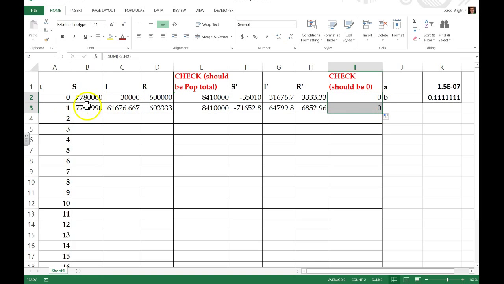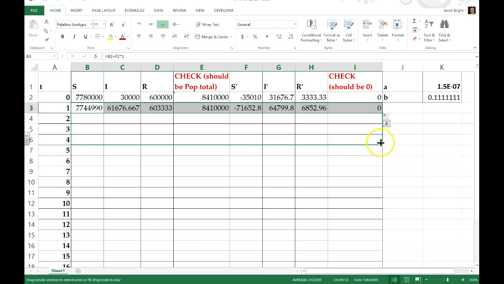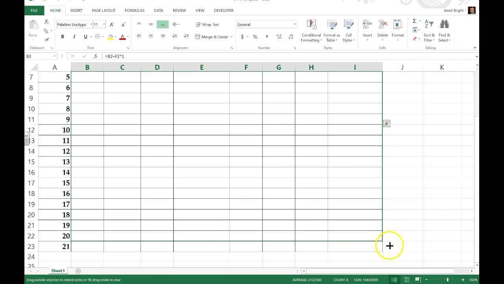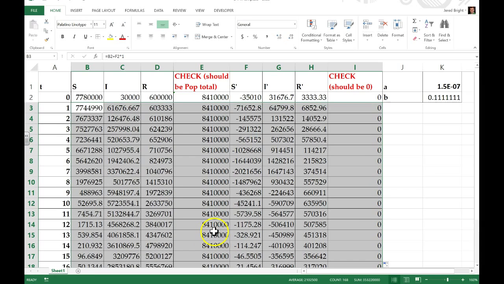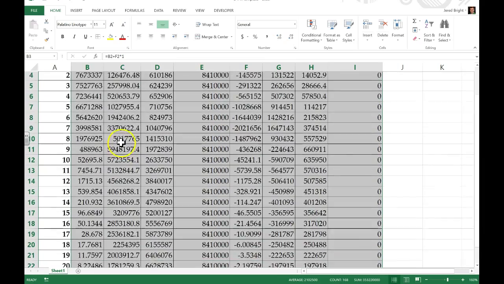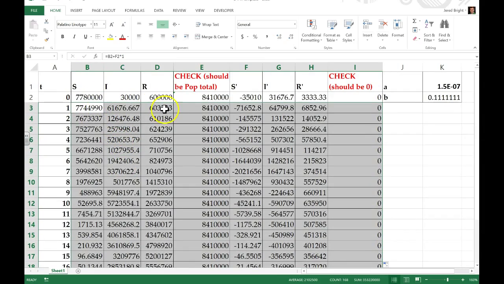Okay, so now at this point, the formulas are complete, and I can highlight that row and drag it down. I have it set up to go through 21. Okay, and so I get the different population values and how they change over time.